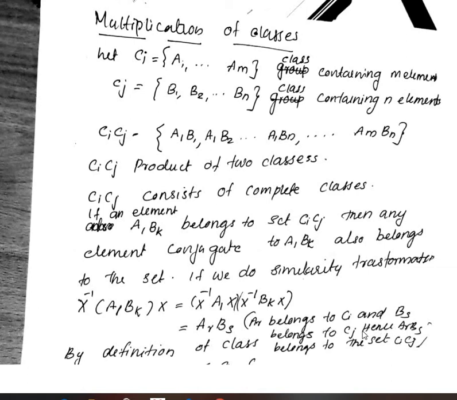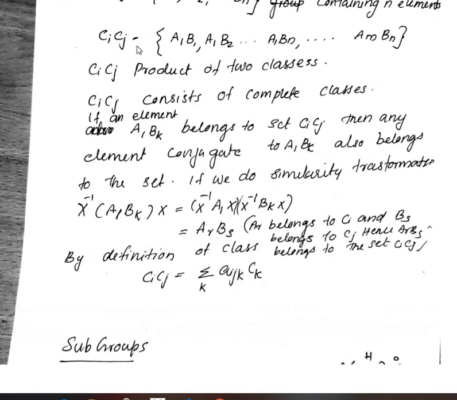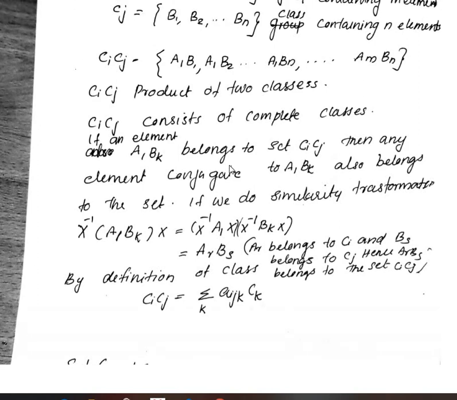Ar belongs to Ci and Bs belongs to Cj. So when we multiply, all the elements are in CiCj, and by the definition of a class, we can write CiCj is equal to the sum over k of Aijk into Ck, where Ck is a class in this group and Aijk are some numbers. This is known as the multiplication of classes. That means all the elements are present in this group.